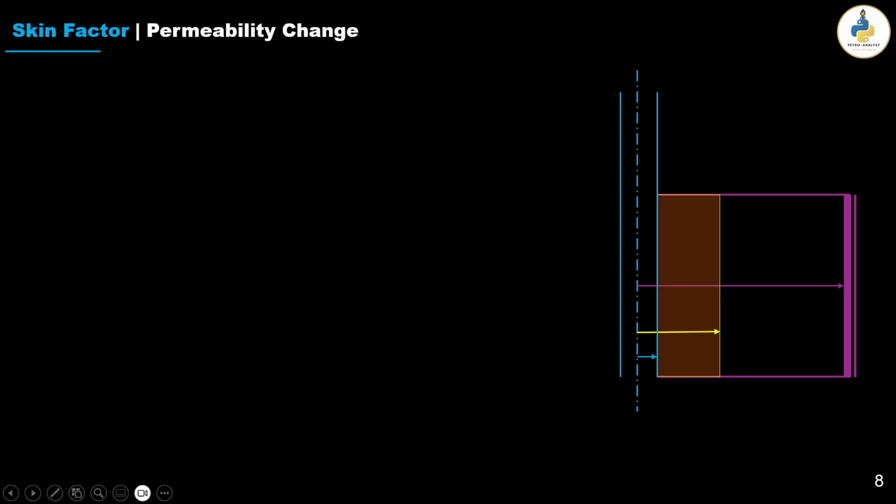So for now, we are dealing with the ideal behavior without introducing any damage in the near wellbore area. Now we will introduce this damage. So we have this equation, just for remembering, 2 pi kh (pe minus pwf) over mu ln re over rw. So this is the ideal Darcy law.